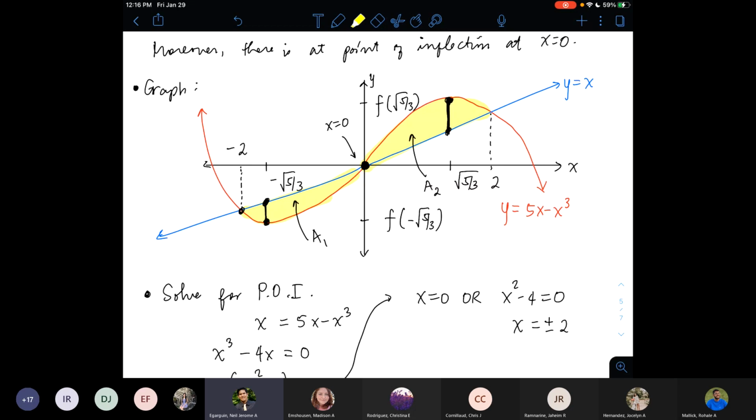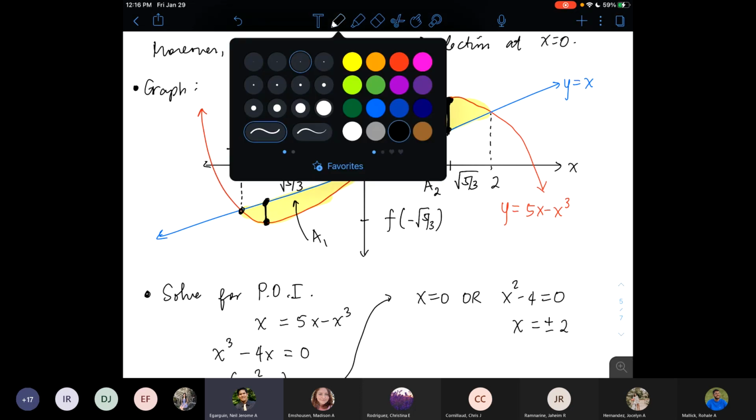In this particular problem, vertical strips are more convenient because I just needed to split the integral into two pieces, since the dynamics is top minus bottom. But if you insist on using horizontal strips here, let me show you why it is complicated.